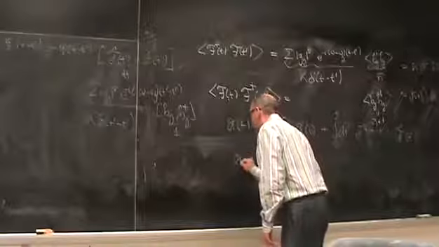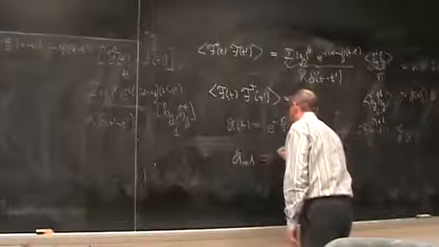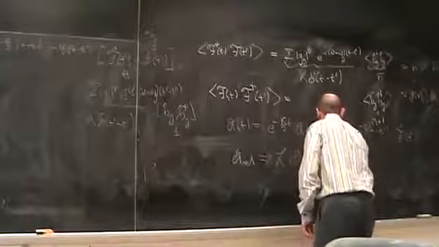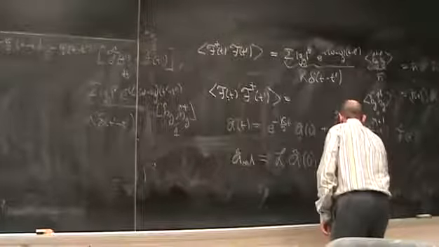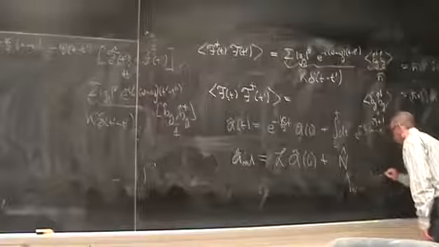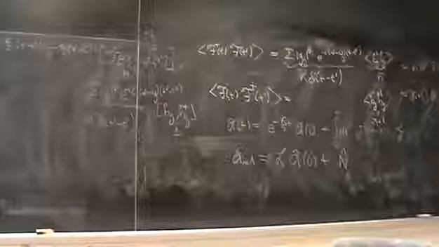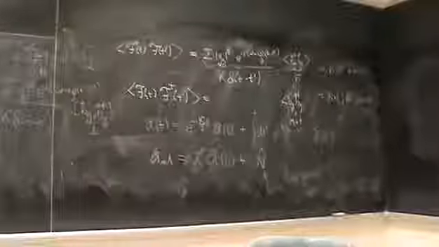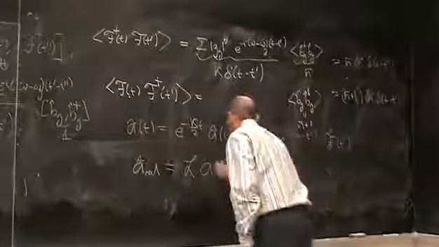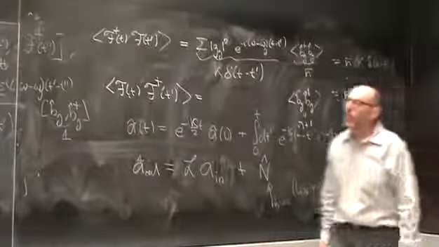My output mode after the time t is some factor, I'll call it L, plus noise. This is what's called Langevin noise. This is the input, let's call this in. This is the kind of input-output relation we've seen before.